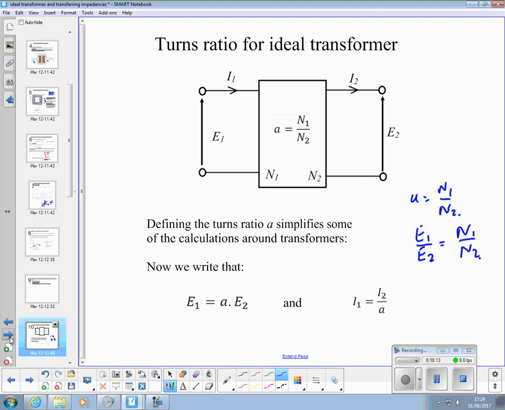Yeah. E1 over E2 is equal to A. Therefore, E1 is equal to A times E2. Yeah. All happy with that?